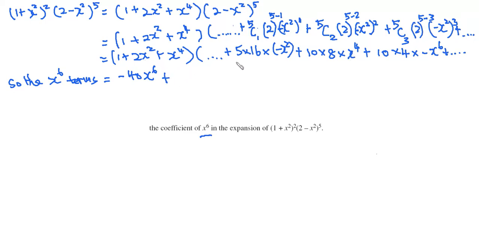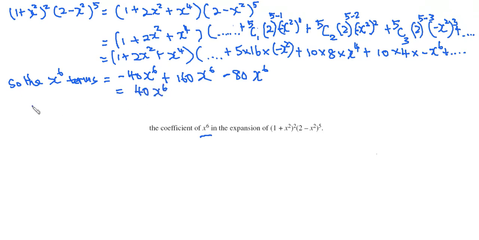Plus 2 times 8, 16, times 10 is 160. This x^2 times x^4 gives you x to the power of 6. Then this minus here gives a minus. 5 times 16 gives you 80. x to the power 4 times x to the power 2 gives you x^6. Okay. Now, you get a negative one. Minus 40 minus 80 is minus 120. This positive 160 minus 120 will give you finally 40.